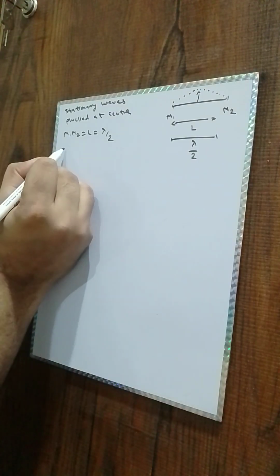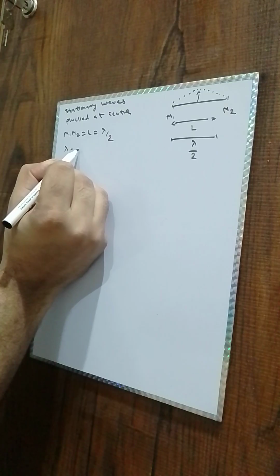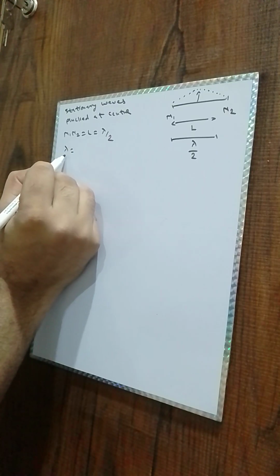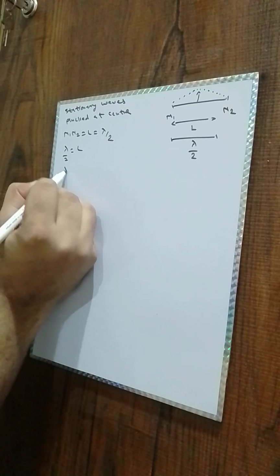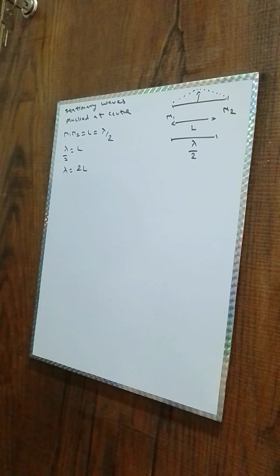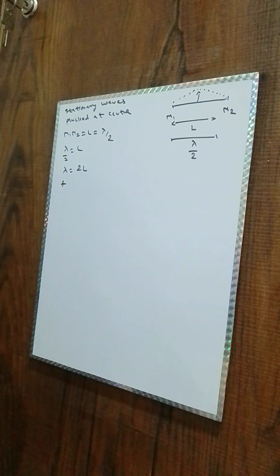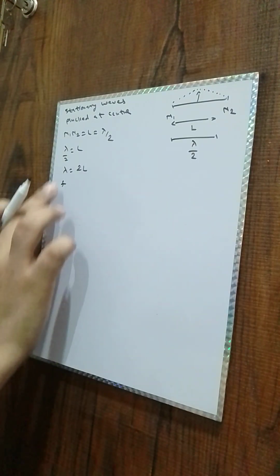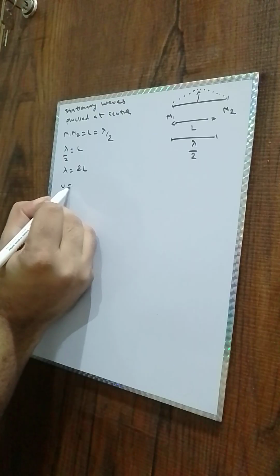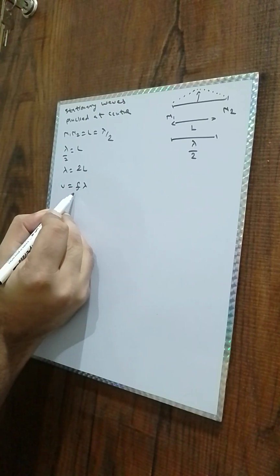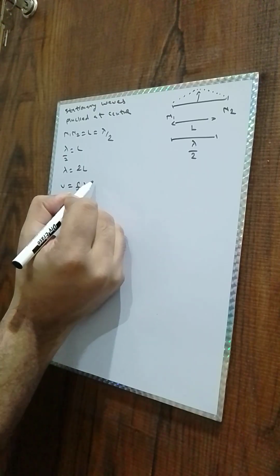So in this case lambda by 2 is equal to L, which means lambda is equal to 2L, and we know that V is equal to f lambda. This is from mechanics: velocity is equal to frequency into wavelength.